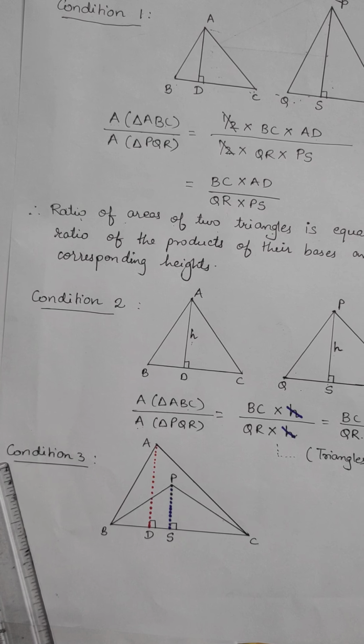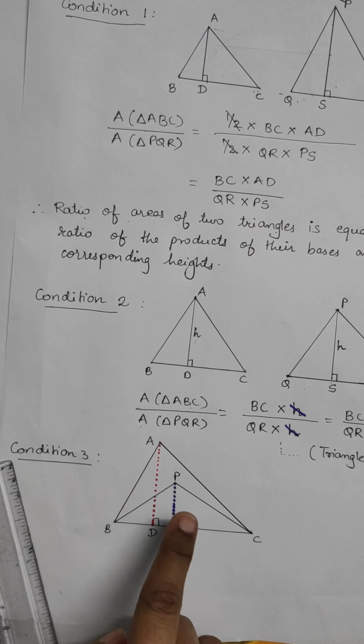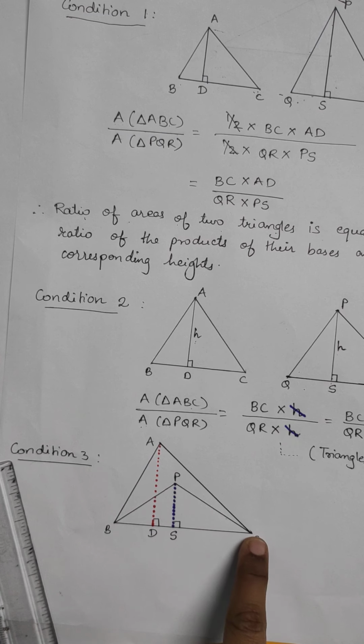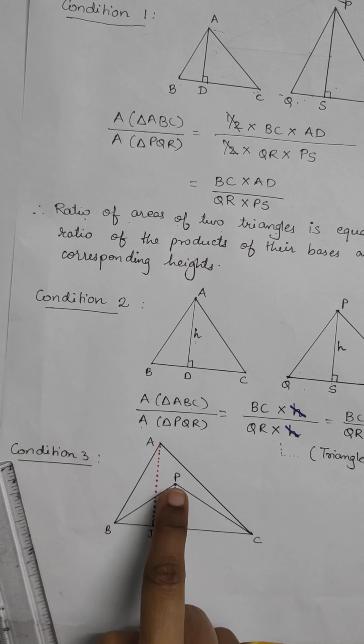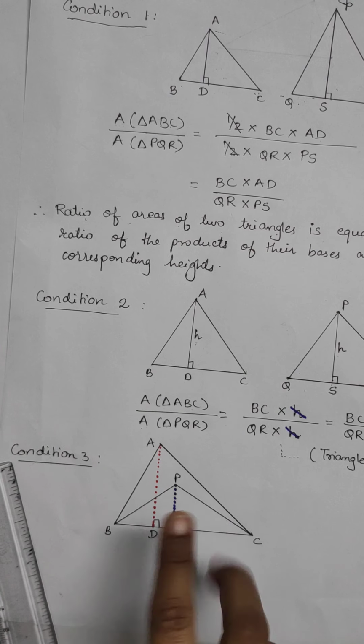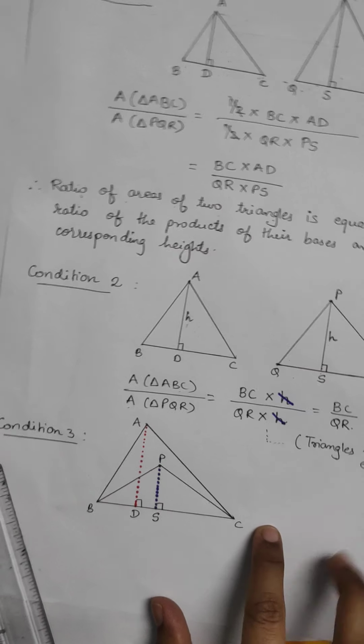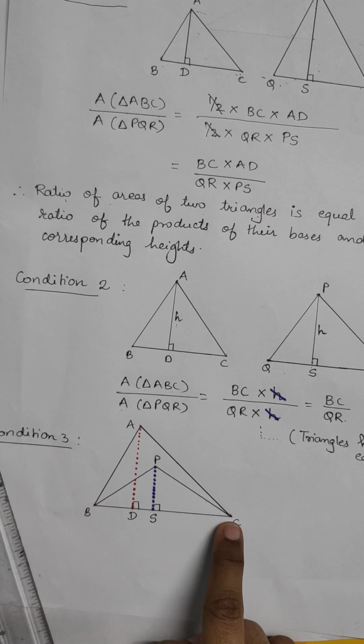Children, if you see the third condition, there are two triangles: triangle ABC, and the second triangle is triangle PBC. Both the triangles are joined together with the help of a base, right?